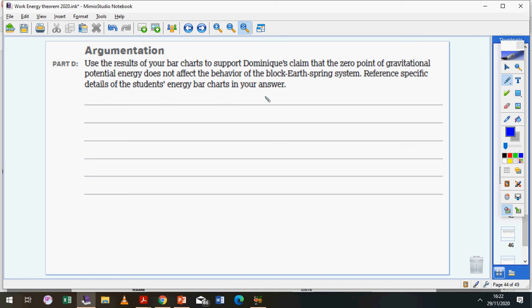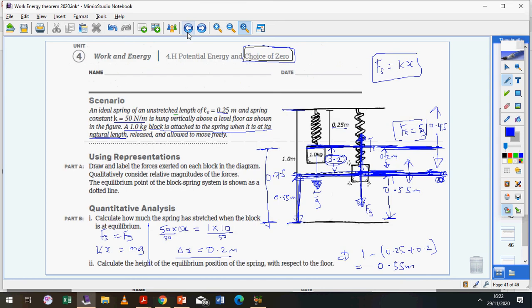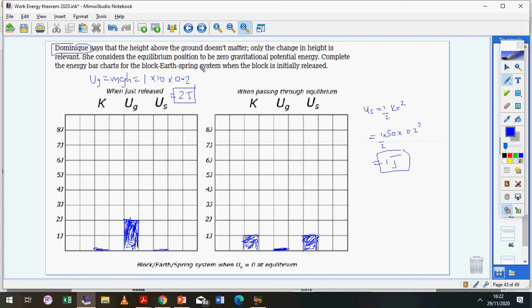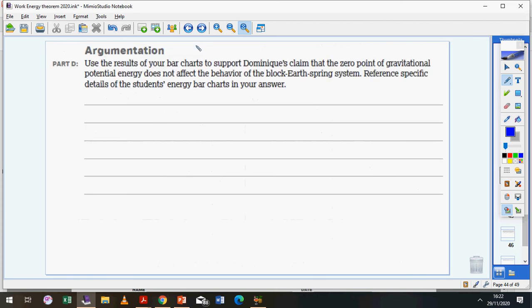Well, this is what I was talking about, and remember this is what this whole thing is about, the choice of 0. These 2 pages, that's what they are about, for you to really understand this idea, that the choice of 0 does not affect the energy conversions in the system if the calculations are followed correctly.